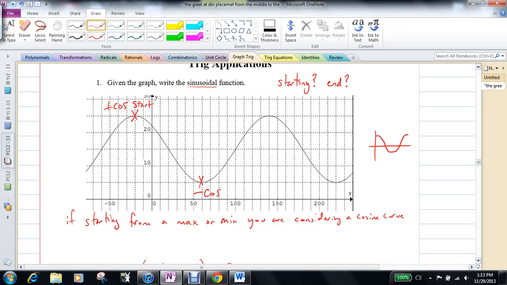Where would you start from to actually consider a sine curve? Sine curves actually start at the middle. So in order to start a sine curve, you would have to start here, here, or here, or here. Which one of these items would be a positive sine curve, and which one would be a negative sine curve?